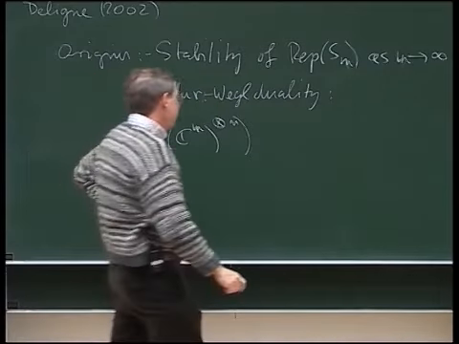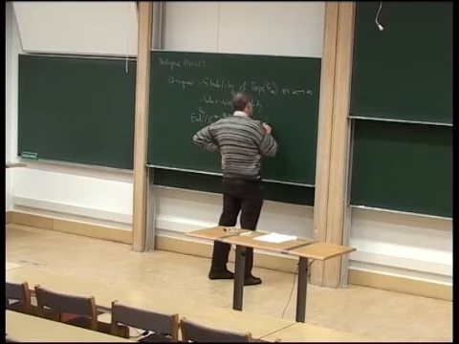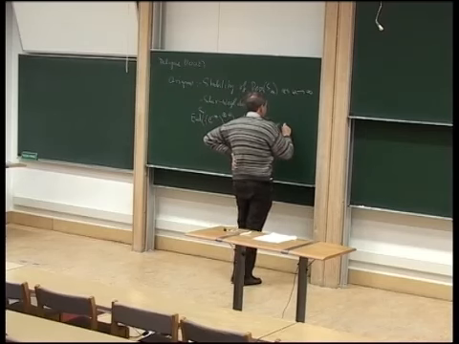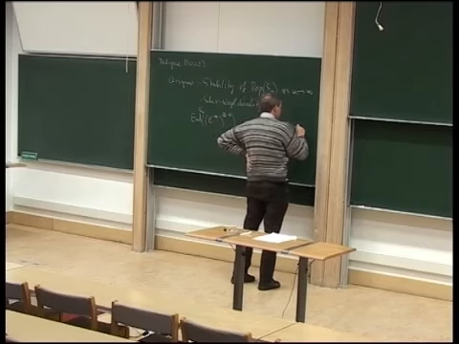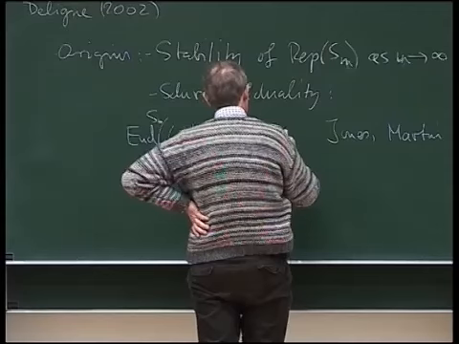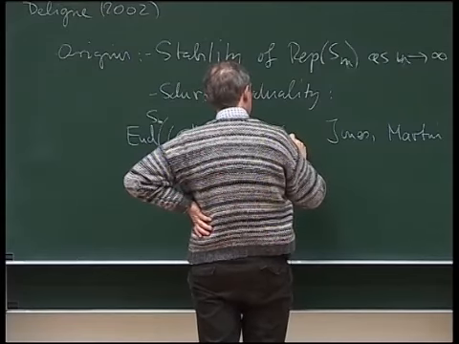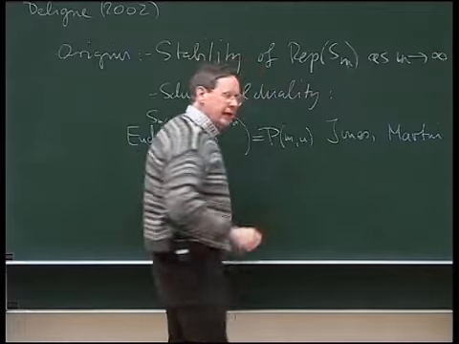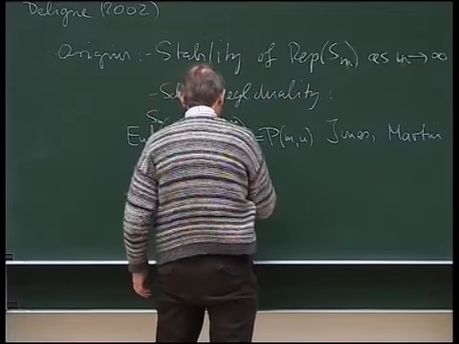This has been done independently by Vaughan Jones and Paul Martin. And what they got is a so-called partition algebra, P_n(m), whatever. And I will explain that in a moment.